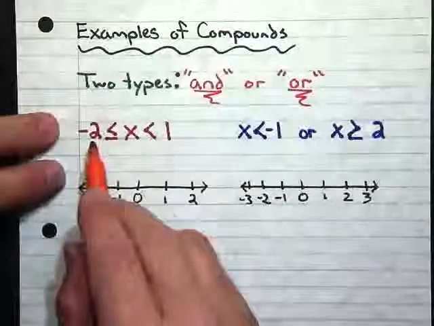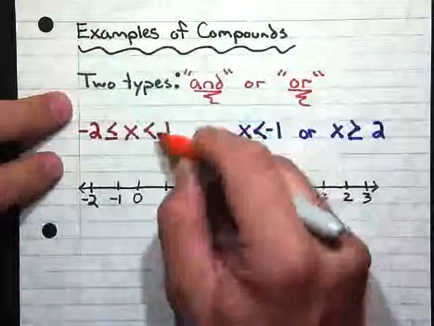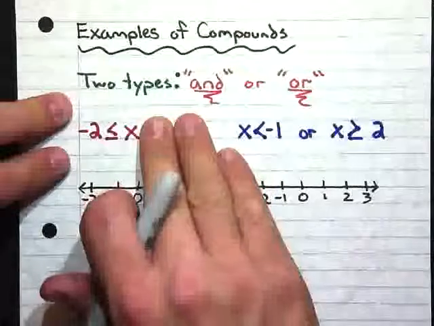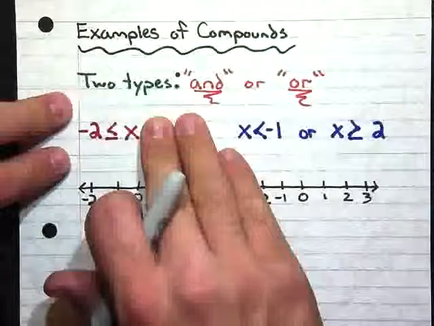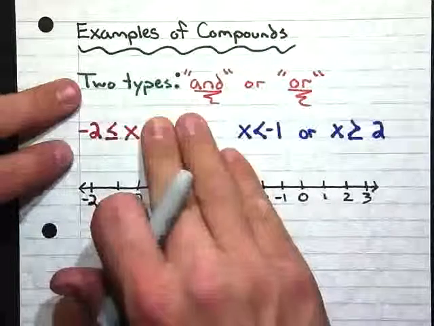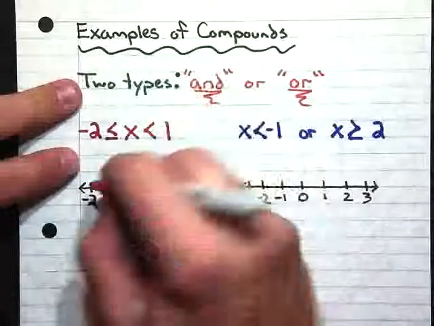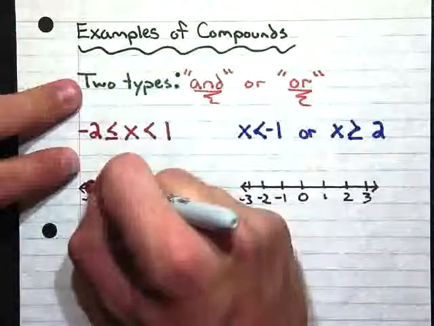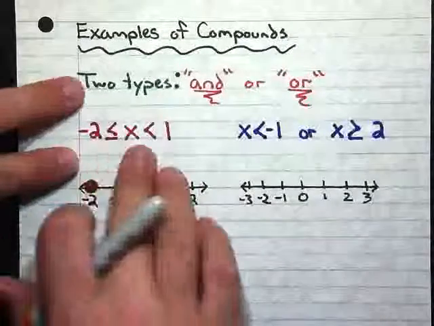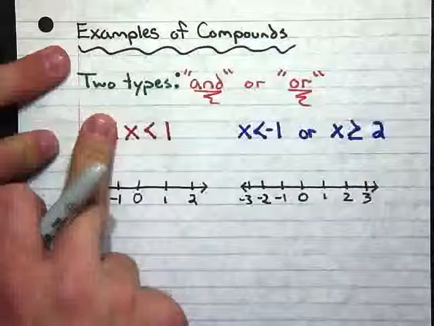So here we have negative 2 is less than or equal to x, which is less than 1. When we graph the inequality, we want to look at each separate inequality. So negative 2 is less than or equal to x. Because it's a less than or equal to, we're going to use a closed circle at negative 2. So we place our closed circle at negative 2. And then over here, x is less than 1.